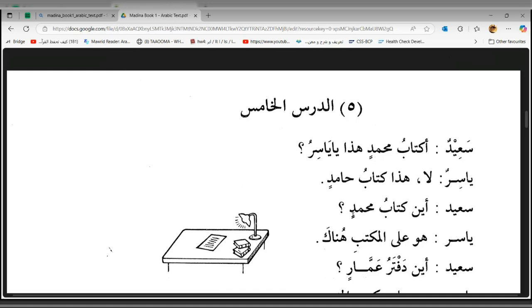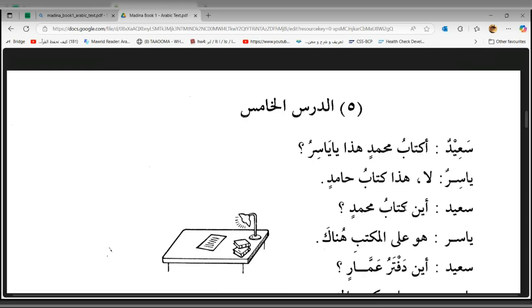Okay, just like when something is preceded by ila or min or fi, any of the huruf jar, the noun becomes majrur. It takes kasratain. This is also the case when you have mudaf and mudaf ilayh. The mudaf ilayh is always majrur, meaning it always takes kasra. Okay?